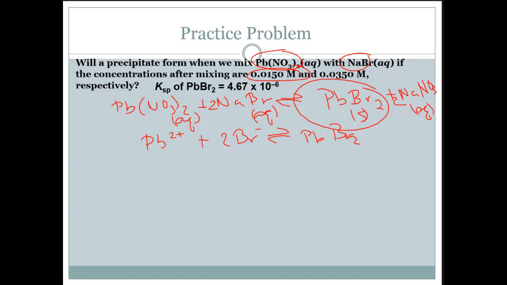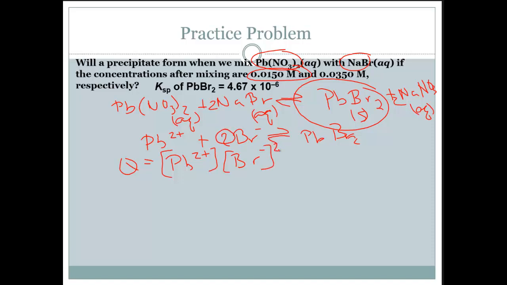Alright, from here we need to write the reaction quotient. That's going to be the concentration of Pb multiplied by the concentration of Br minus. Because of this 2, I'm going to square it.